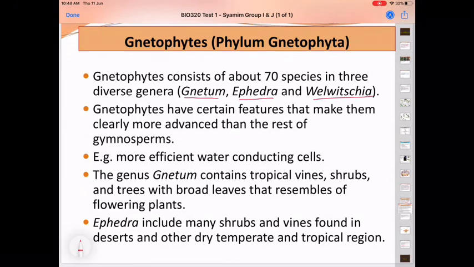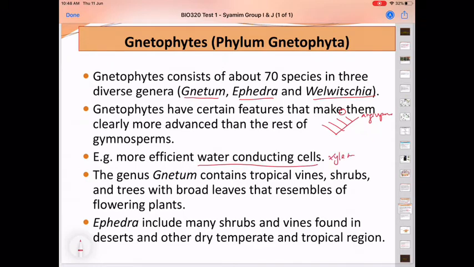So they have certain features that make them clearly more advanced compared to the gymnosperm. Kalau kita tengok daripada phylogenetic tree tadi, okay, Gnetophyte tu ialah yang paling hujung sekali, okay, sebelum angiosperm kat sini. More efficient water conducting cells, maksudnya dia punya xylem dia lebih efficient.